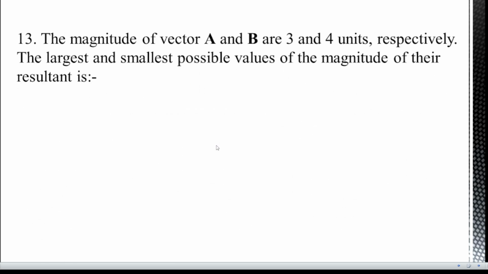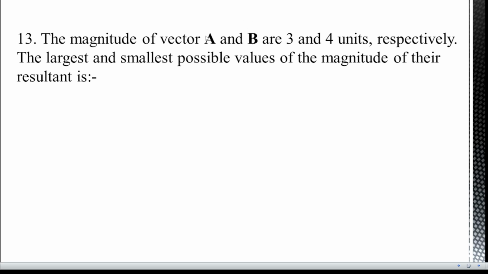Number 13 says the magnitudes of vectors A and B are 3 and 4 units respectively. The largest and the smallest possible values of the magnitude of the resultant are, in short, to be a maximum value of two vectors, the vectors should be parallel to each other.